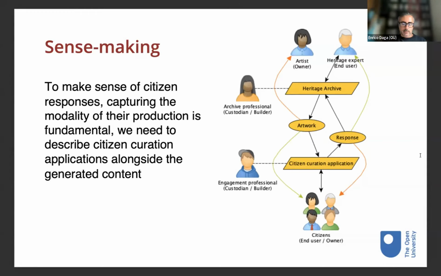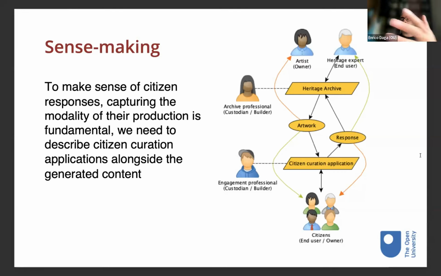So to make sense of the way citizens interpret and relate to cultural heritage through these systems, we need to have a context to understand the production context of this metadata.